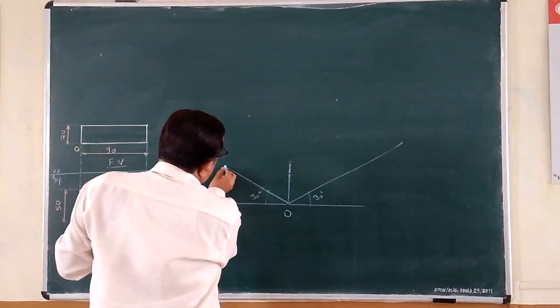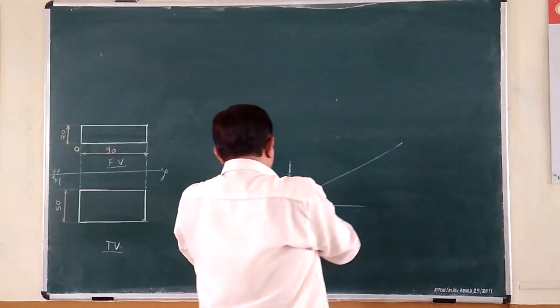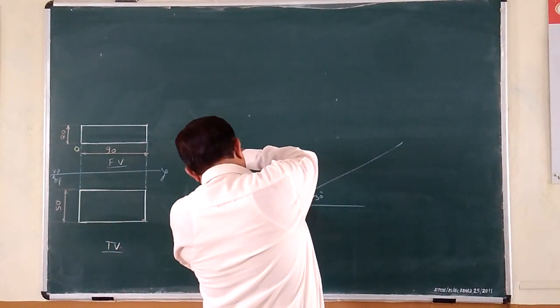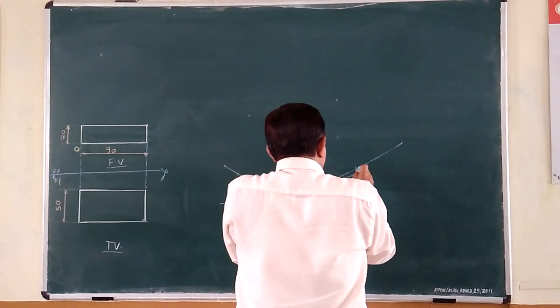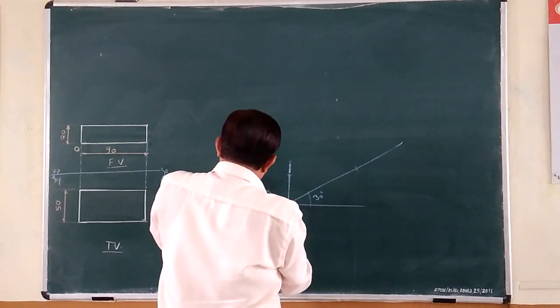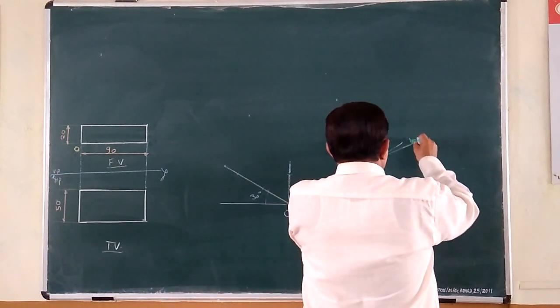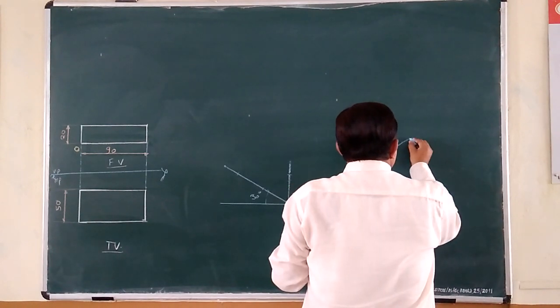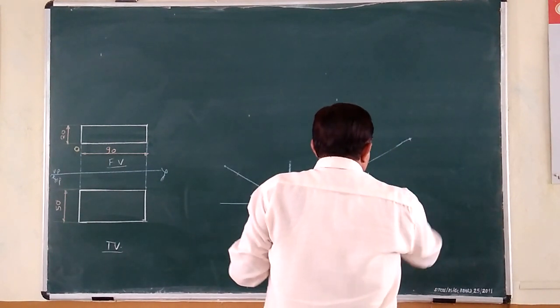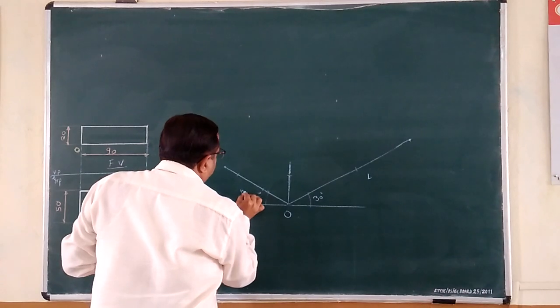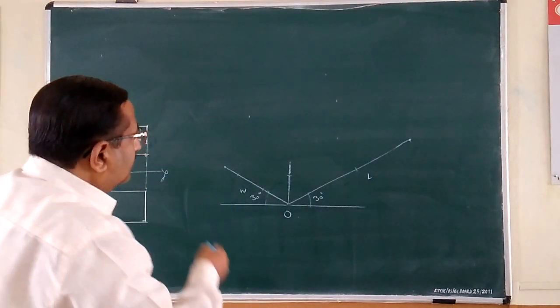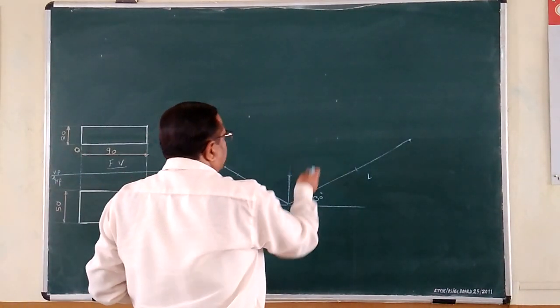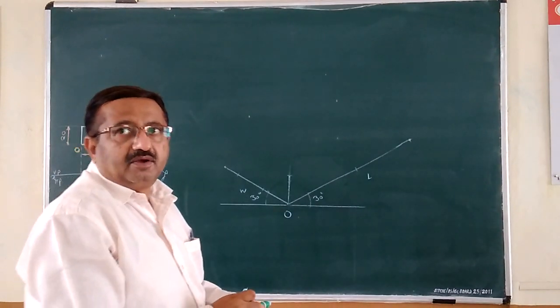This will be 50, and 90 mm is the length, so 50 on this side and the remaining 40. So length on the right 30 line I have marked, and width on the left 30 line I have marked. Naturally, height will be vertical.